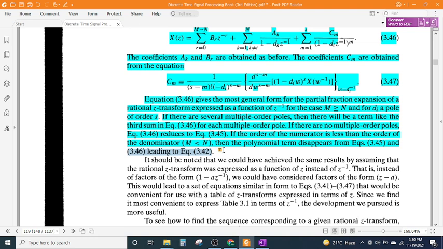Thus, the ROC can be used to sort the poles, with all poles inside the inner boundary R_R corresponding to right-sided sequences and all the poles outside the outer boundary corresponding to left-sided sequences. Multiple order poles also are divided into left-sided and right-sided contributions in the same way. The use of the ROC in finding inverse z-transforms from the partial fraction expansion is illustrated by the following examples.